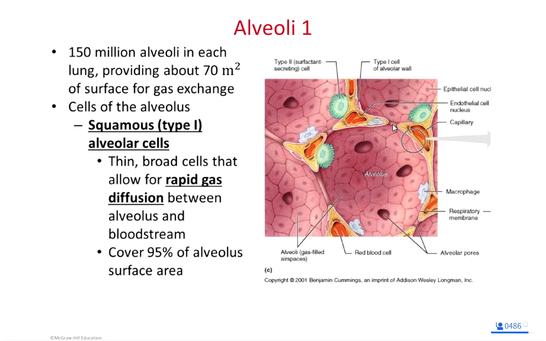We want the membrane to be as thin as possible. And by making this membrane as thin as possible, we can really pack a lot of square footage into the alveoli. In terms of the surface area, we're looking at about 70 square meters. Most of you don't think in terms of meters.